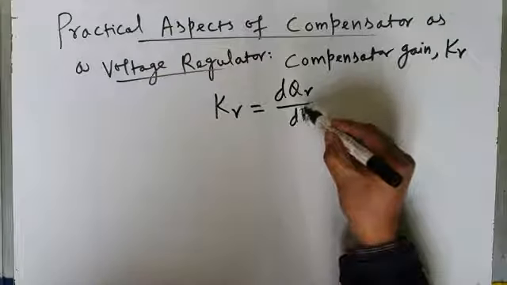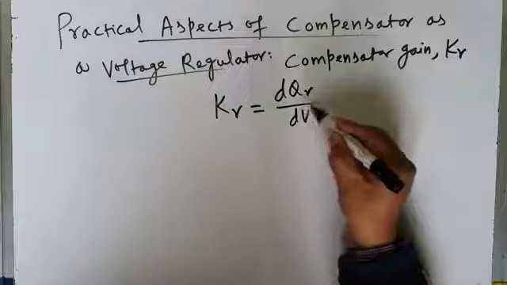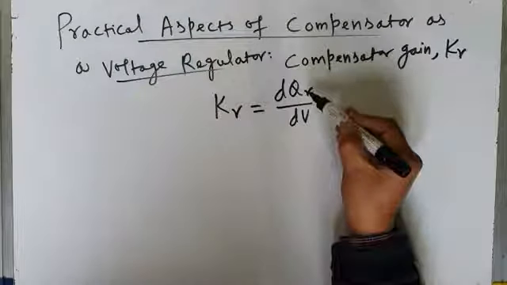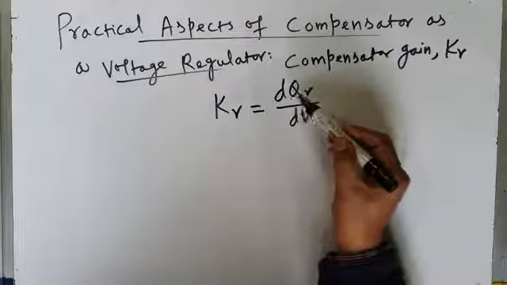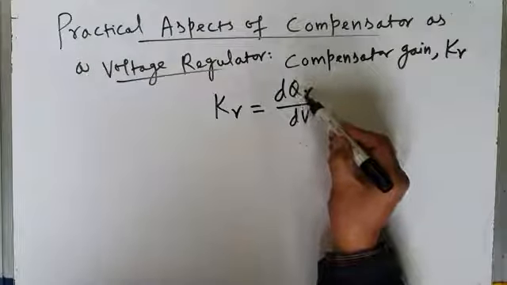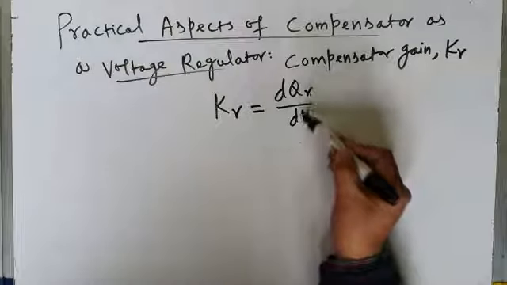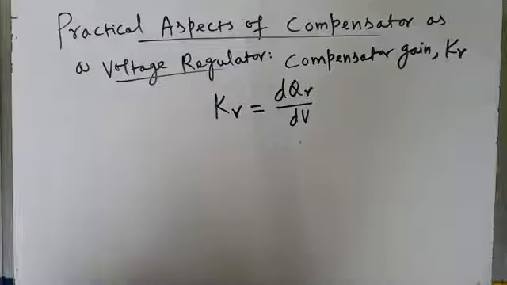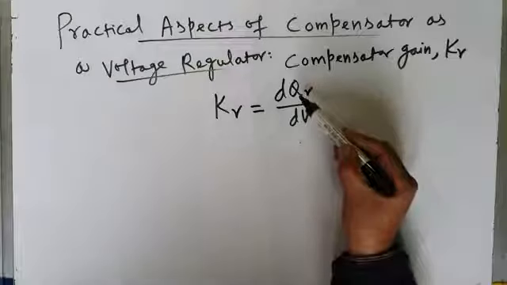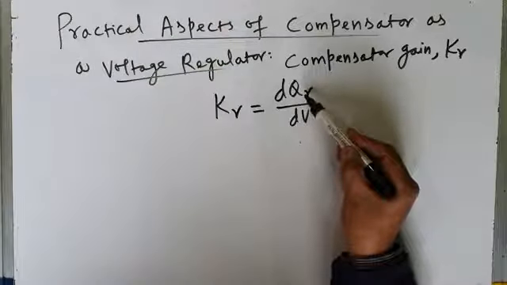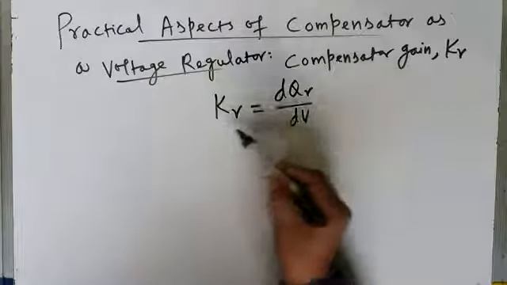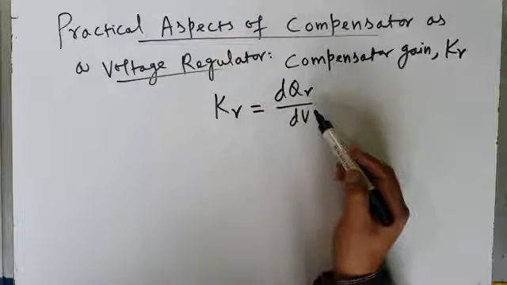I mean, if your load bus voltage is varying, with varying load bus voltage, the compensator reactive power should also vary. So the ratio of change in injected reactive power by the compensator to change in the voltage, that is called compensator gain. That's what I have defined, mathematically given by this equation.